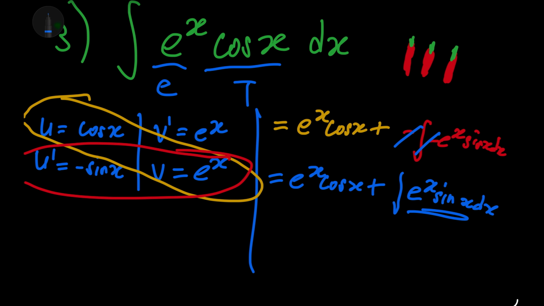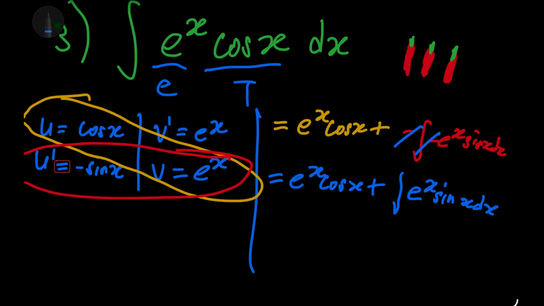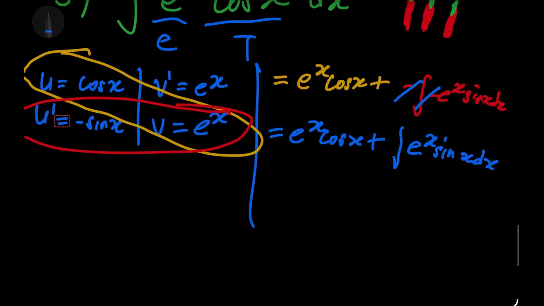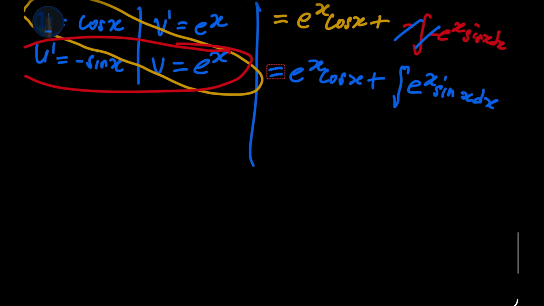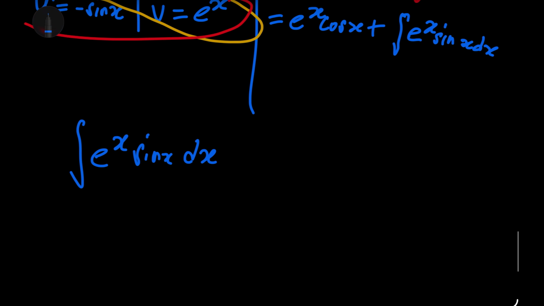But as you notice, this is really similar to this main problem here. So that's annoying. But okay, let's try and solve this one as well then. So let's add another part to our question. The integral of e to the x sine x dx.